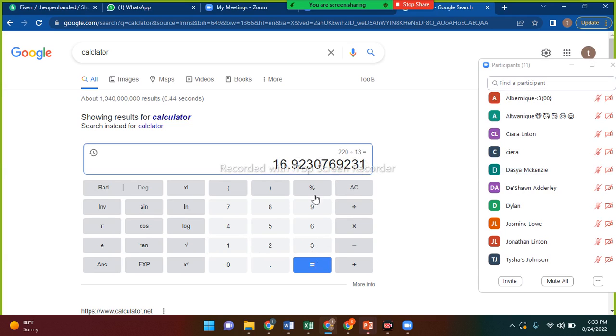Sorry, I used 13. Sorry, 220 divided by 12. Please use your calculator for this. This is a simple one, so you don't really need to use a calculator, but just to go faster, you could. And I want you to practice using that so you could get used to the keys. It equals 18.33.